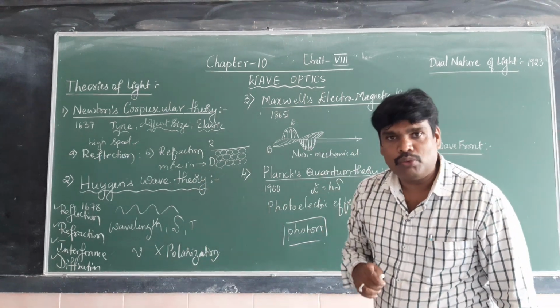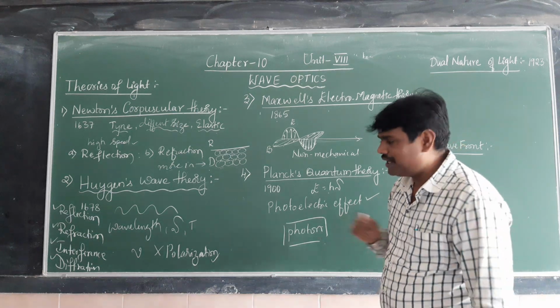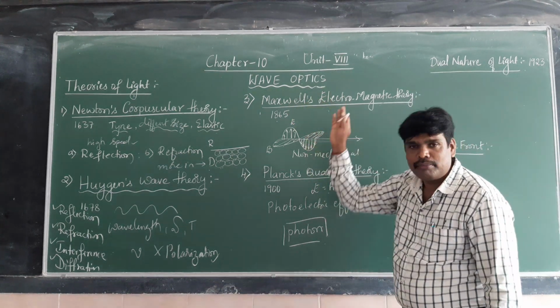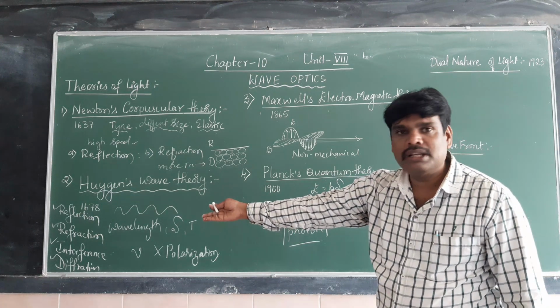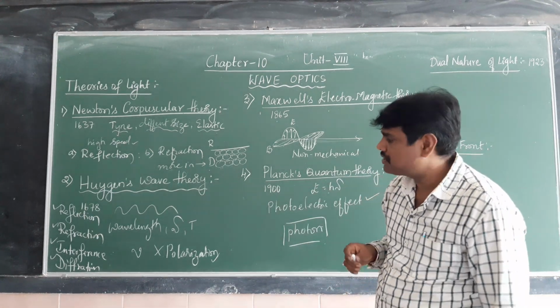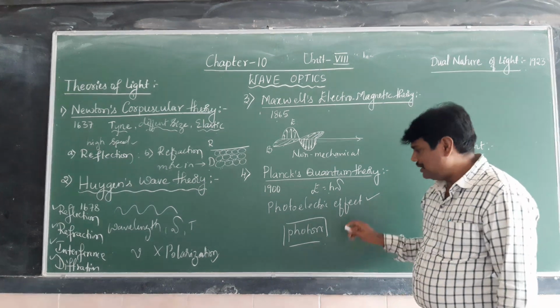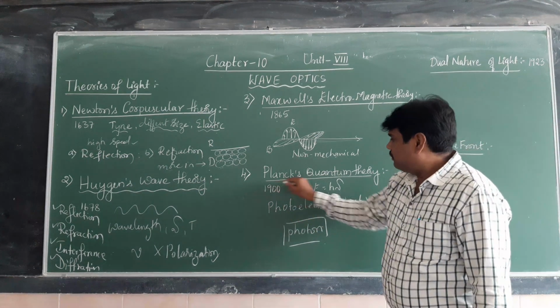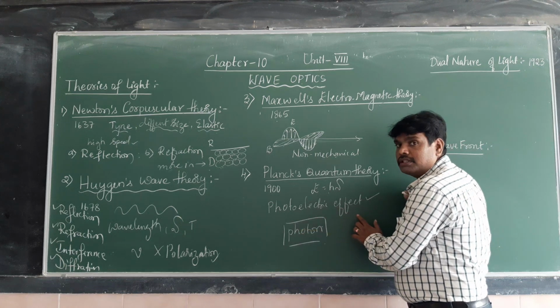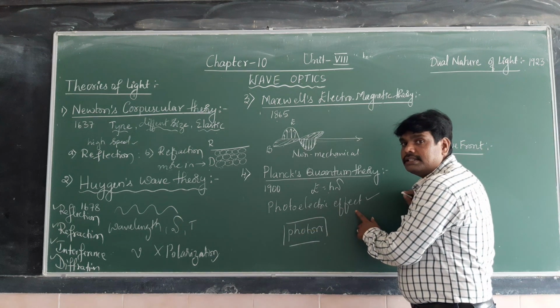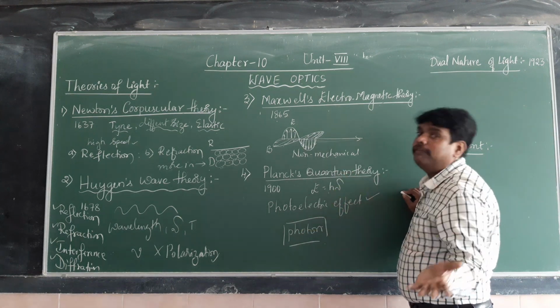I will tell in detail what is interference, diffraction and polarization, because in this topic we are mainly concentrating on the definitions, phenomena and experimental observations of interference, diffraction and polarization. Isn't it? Okay, but Planck's quantum theory successfully explained the phenomenon of photoelectric effect, because this photoelectric effect is due to the effect of light.